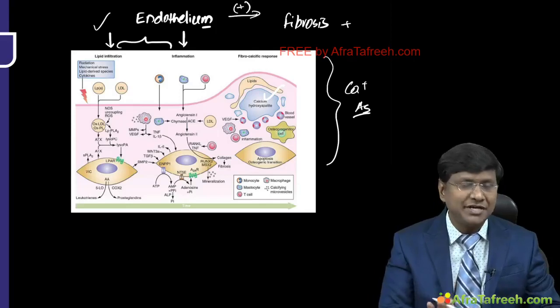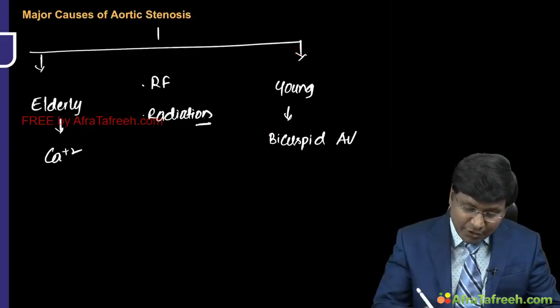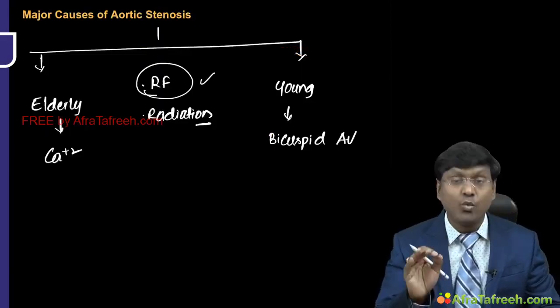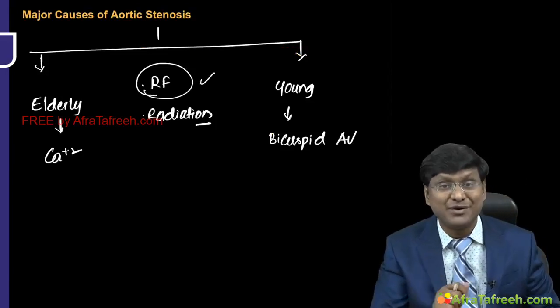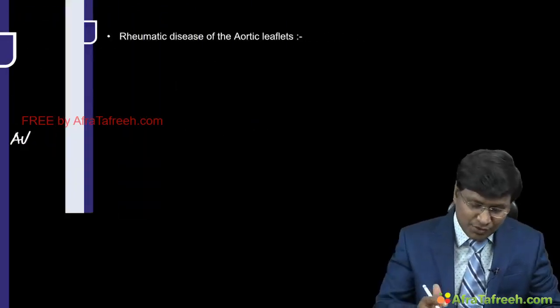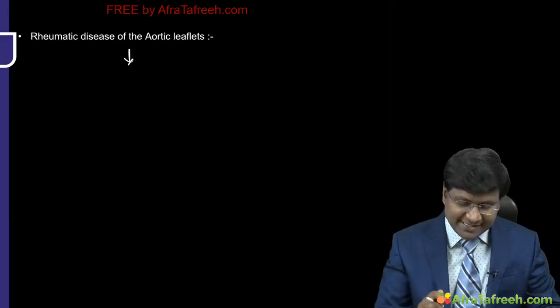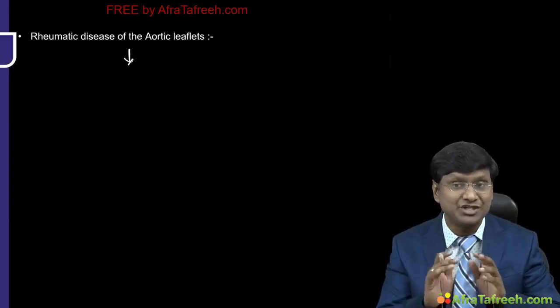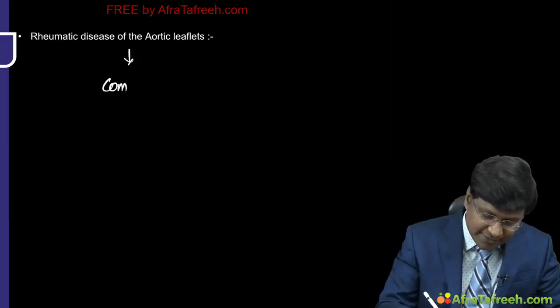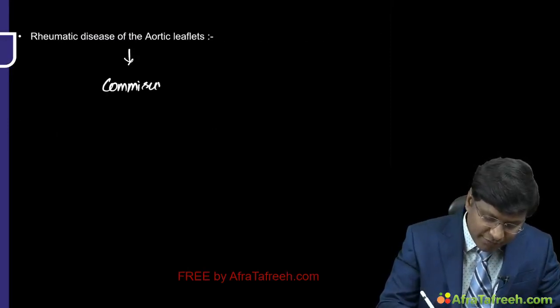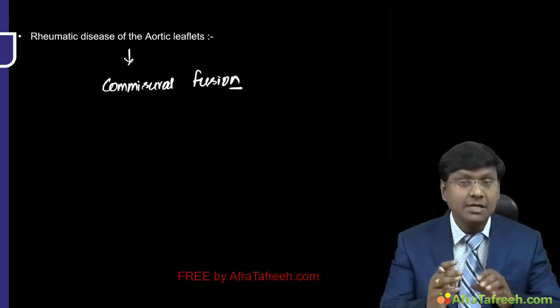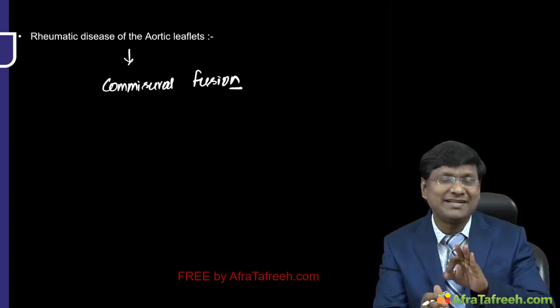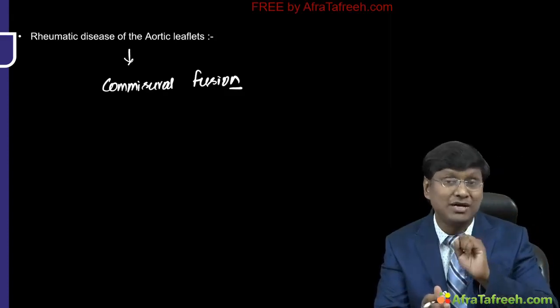And what are the major etiologies we have discussed? Now let me tell you the mechanism of development of aortic stenosis in rheumatic fever. If you see the rheumatic disease of the aortic leaflets, they initially produce commissural fusion. So you have the three leaflets, the three semilunar valves.